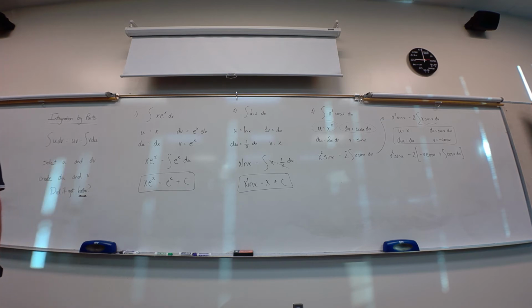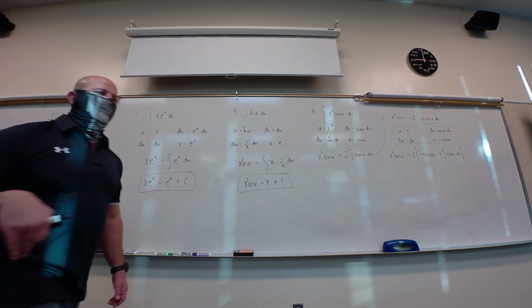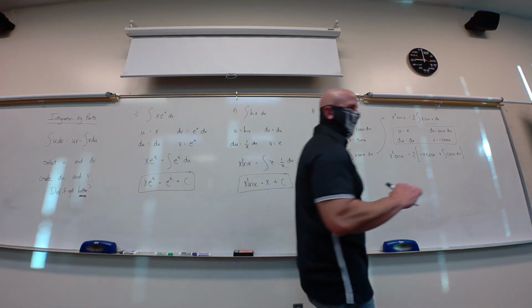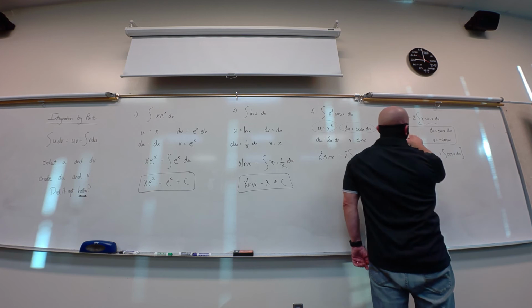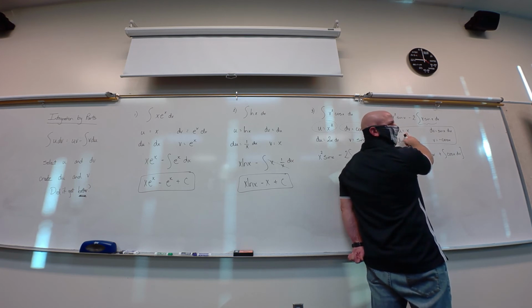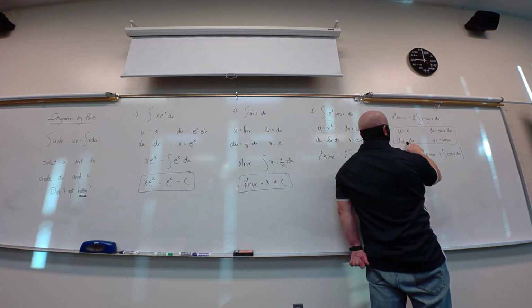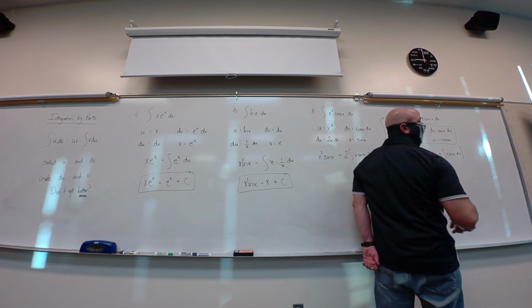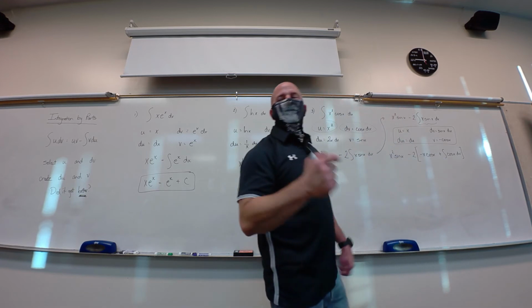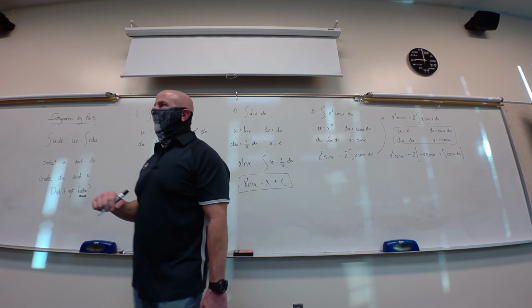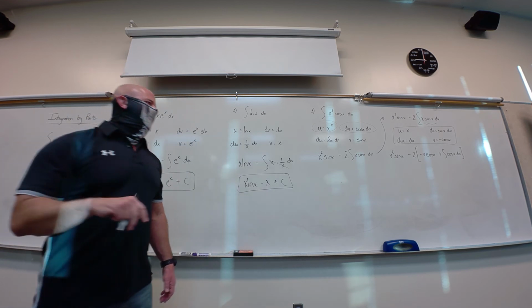Now, for those of you that would like to leave the 2 inside, that just means u would be 2x, so du would be 2 dx. That 2 is coming back out. So it does not make it any more difficult if you left it in. Most of you have been bringing it out.